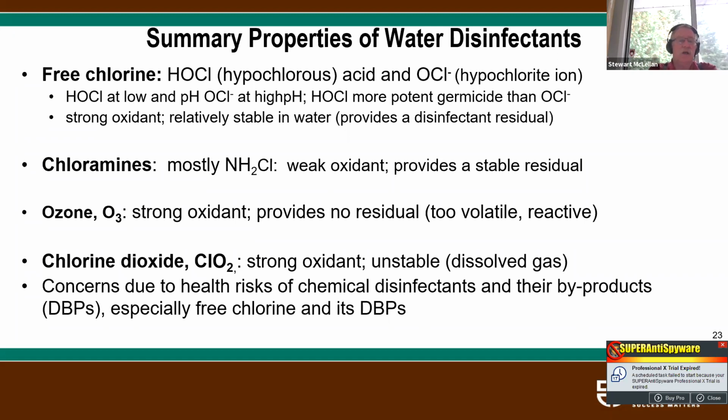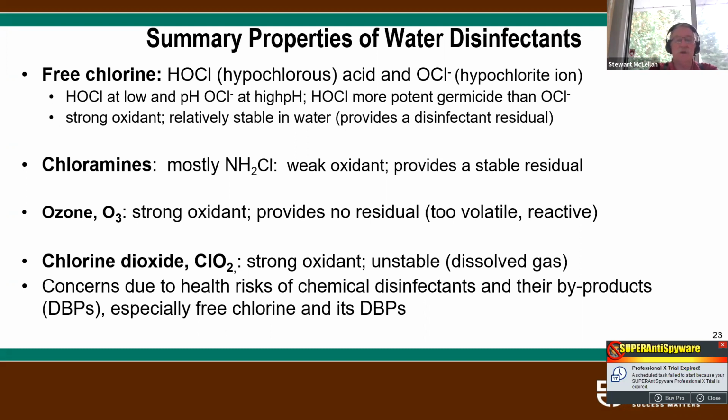Chlorine dioxide is a strong oxidant, but it's unstable in dissolved gas form. There are concerns due to health risks of chemical disinfectants and their byproducts, especially free chlorine and its DBPs.